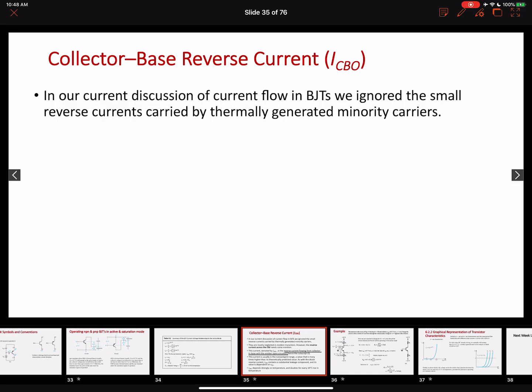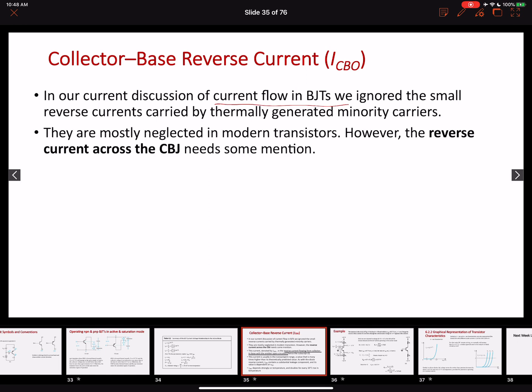In all of these current flow discussions in the BJTs, emitter, collector, base, we were talking about the majority charge carriers. The charge carriers that constitute those reverse currents are usually very small, so we usually neglect them.